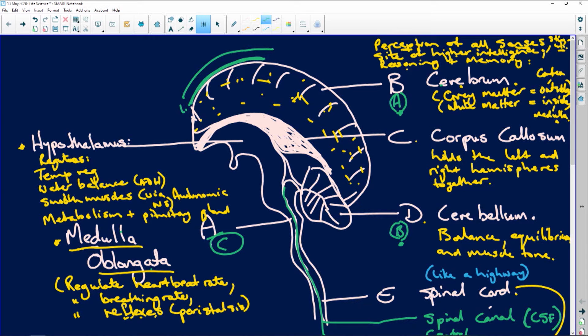That's layer number 1 from the outside. And then here is the bone of the skull.